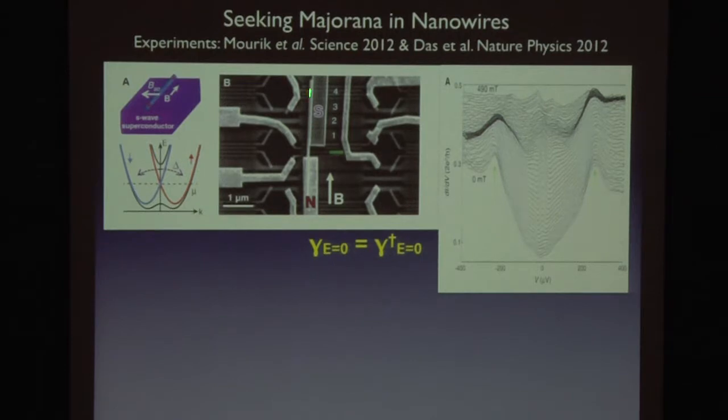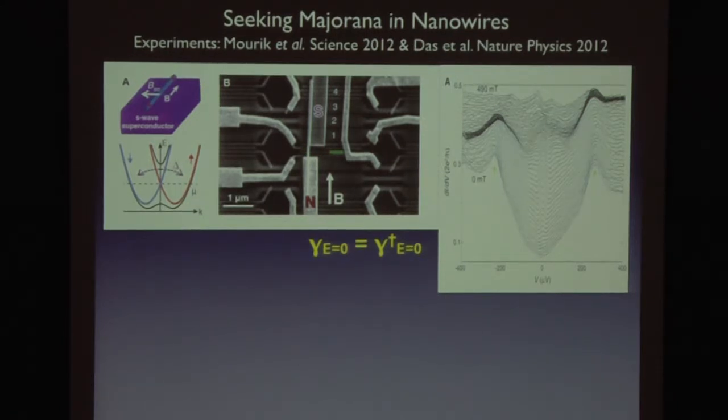So you have this wire sitting next to a superconductor, and there are a lot of other diagnostic tools around this. And the key thing here is this part of the wire is also connected to a normal metal. And they're using this electrode to sense what happens at the very edge of this wire.